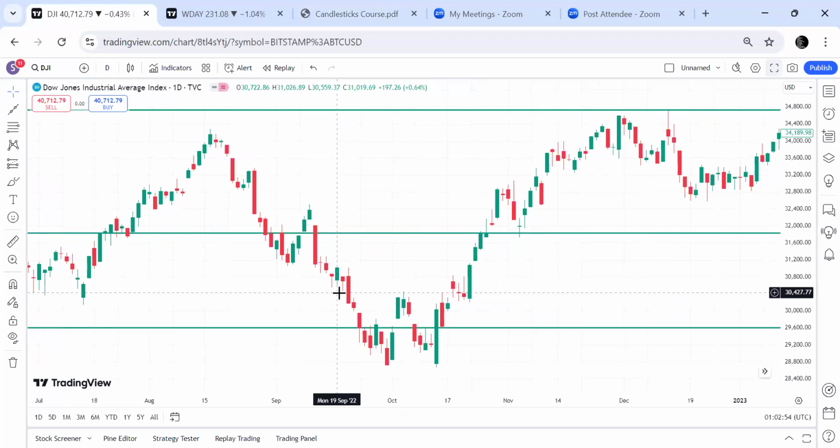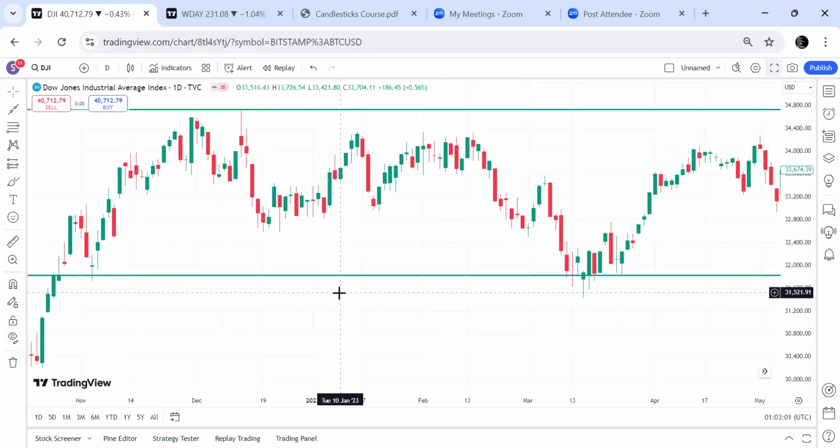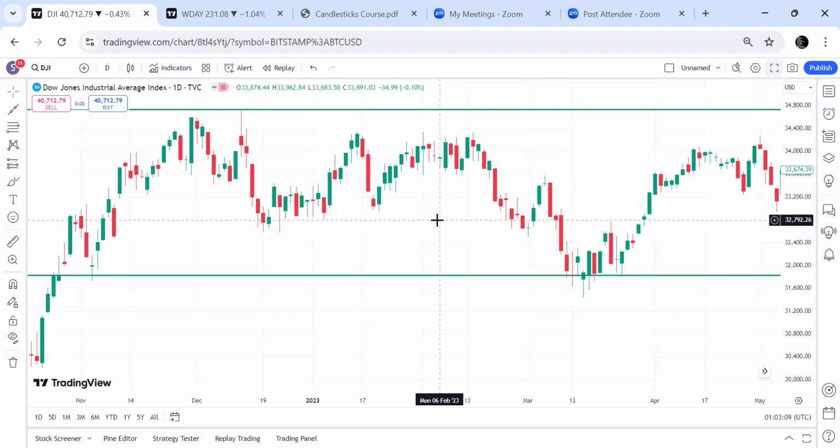For example, see this is the long-legged doji on 3rd February 2023. As you can see, the wicks are very big.